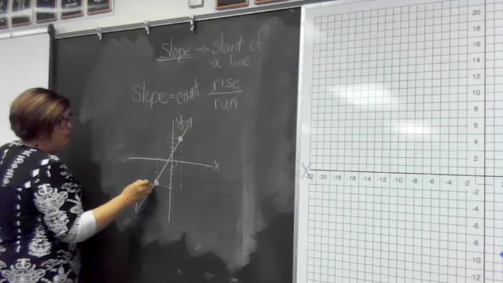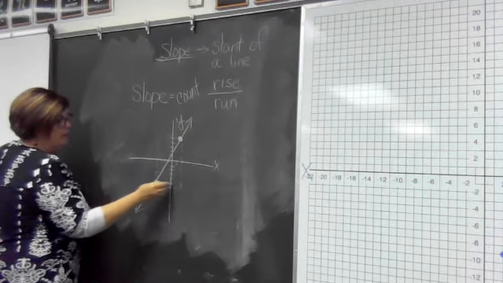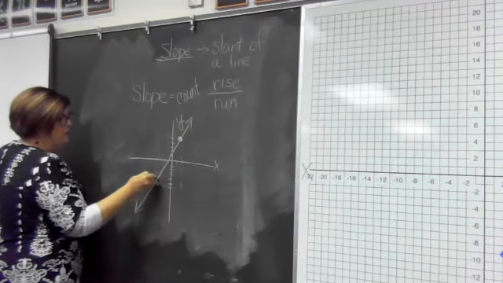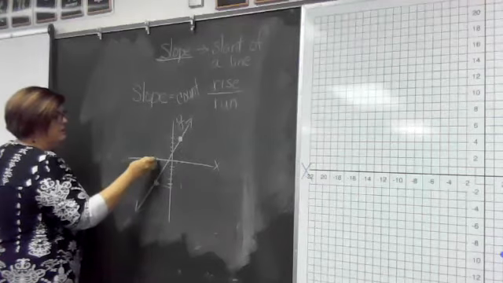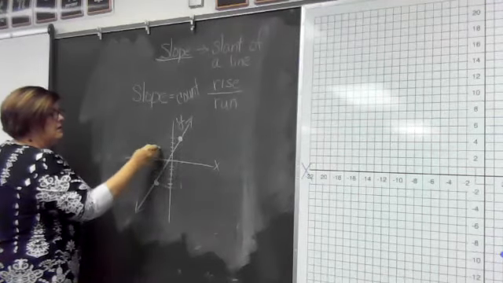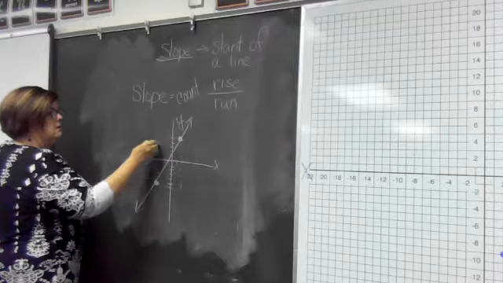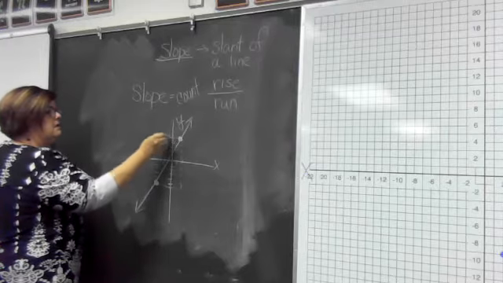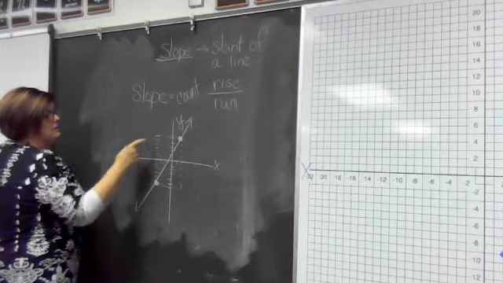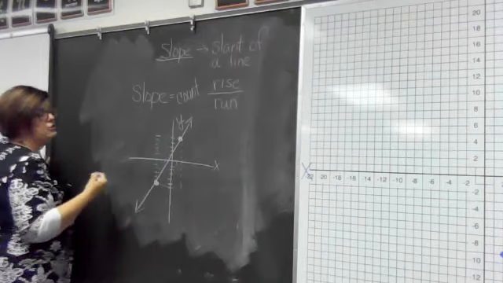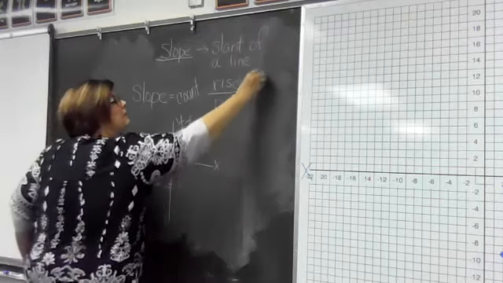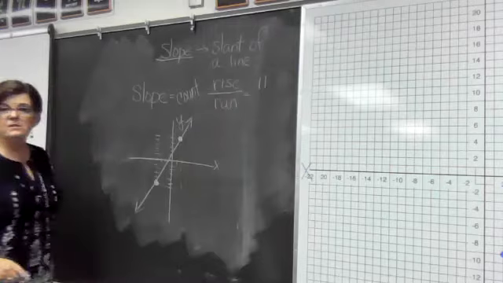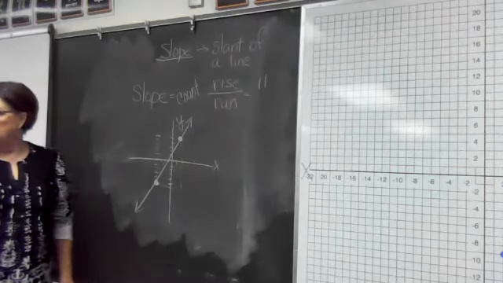I walk out my front door. I don't count my house. I count 1, 2, 3, 4, 5, 6, 7, 8, 9, 10, 11 blocks to get to the intersection where I have to turn. So I went 11 blocks in a positive direction. Okay.